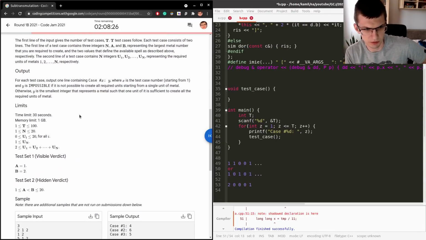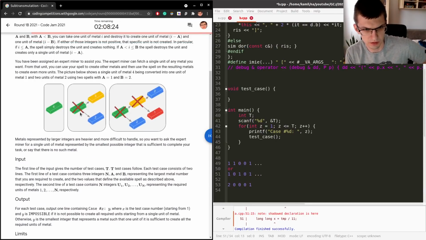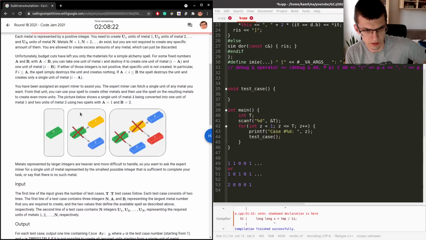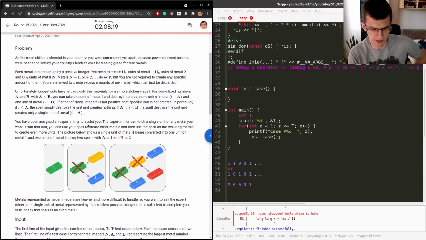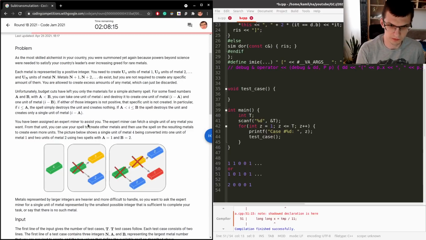Or maybe I shouldn't go backwards. Because starting from some metal, I know if I don't need it, I just need to use it. Then I use those, use that, and so on.